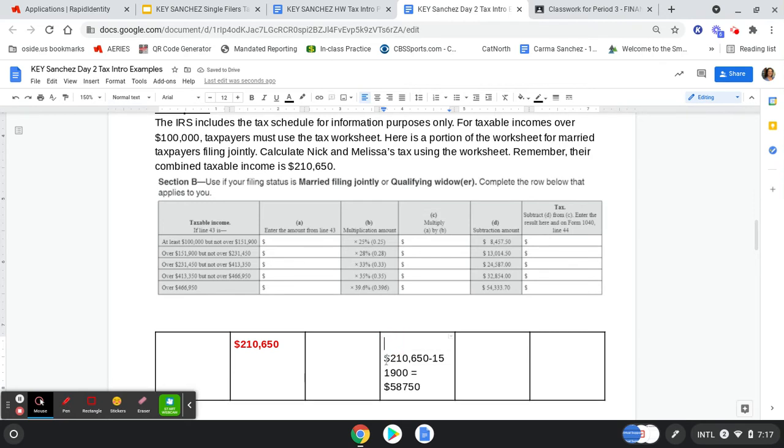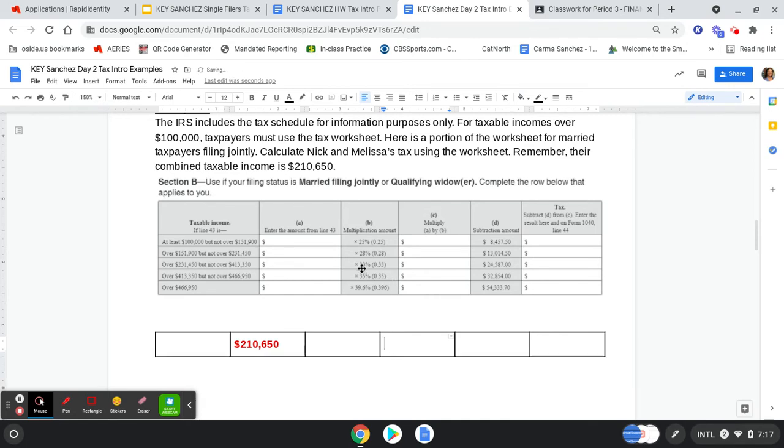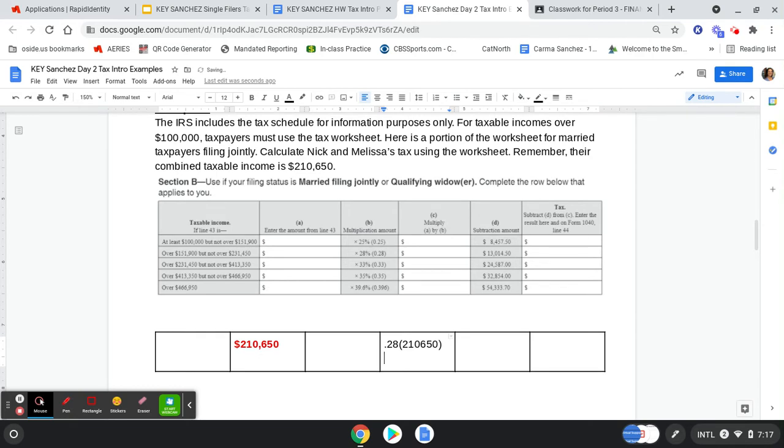So I guess here what they're doing on the worksheet, we actually don't need to do this. This is having us do 28% of the 210 from the big number before subtracting, which is going to be 58,982.